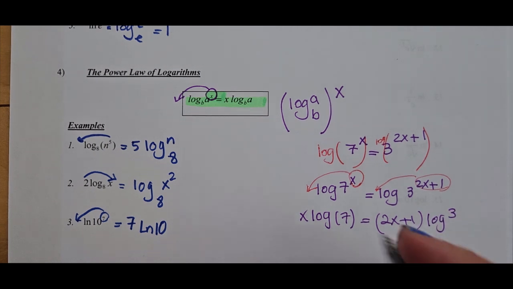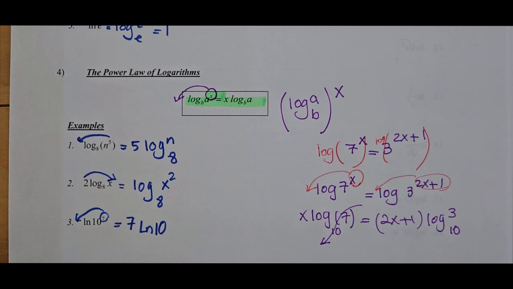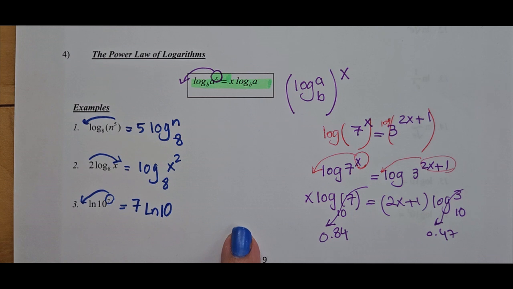And remember, guys, these are in base 10, so you can just put it in your calculator and find the value of log 7 and the value of log 3.